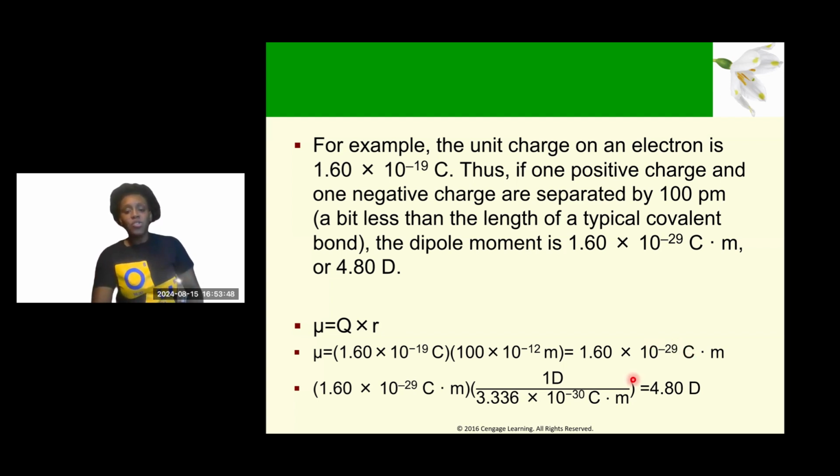Now, if I'm going to put it in debyes, I have to use the conversion factor. Whatever it is in coulomb meters, I'm going to multiply that by my conversion factor. What I have is going to be underneath, and what I want is going to be on top. So if I multiply this times 1 and then divide it by the denominator, I get 4.8, okay? And so that's just showing you how to calculate your dipole moment.